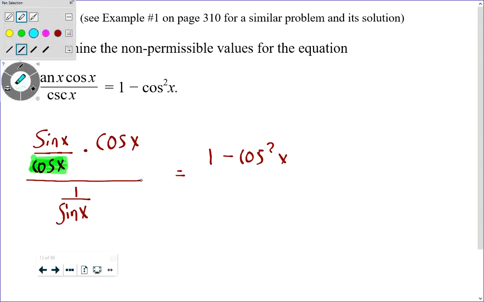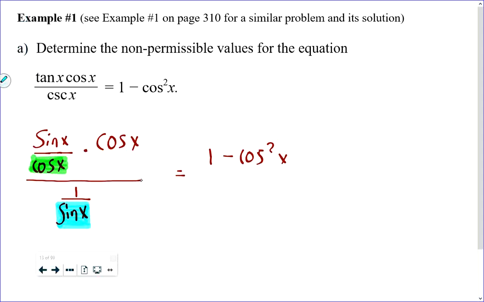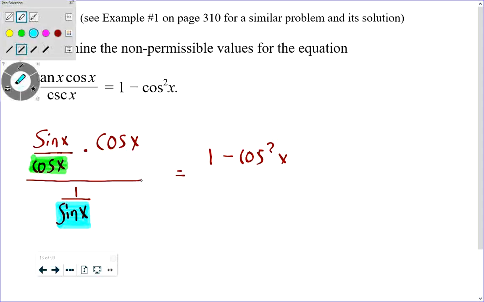This cannot be equal to 0 because it's a denominator. Sine of x is a denominator. It's a mini denominator, but it's a denominator. And lastly, this cannot be 0. Those three highlighted things are each of them denominators.